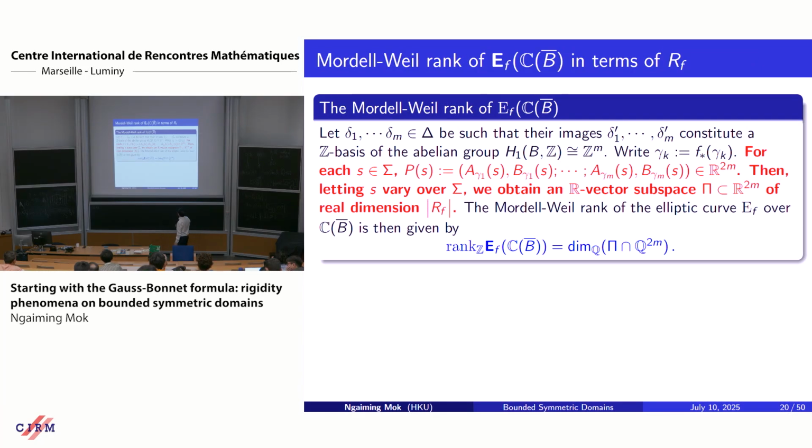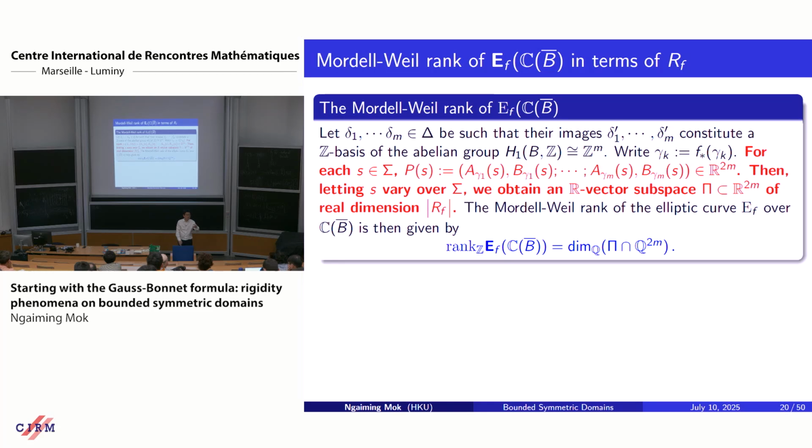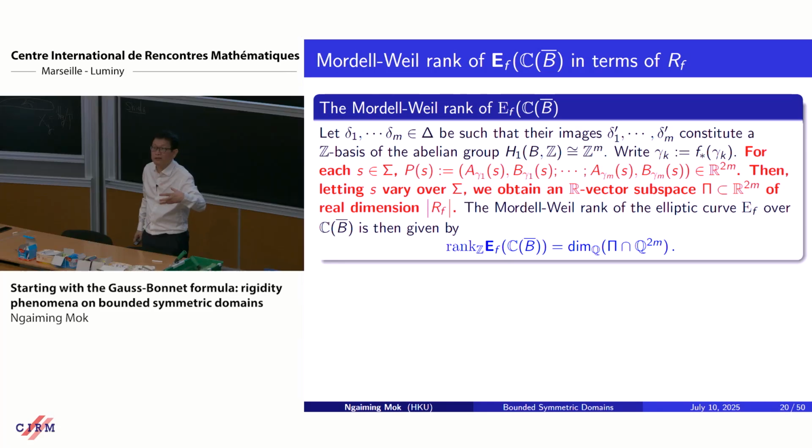So then the question is the following. Since I can bound it by the size of the ramification of the classifying map, you can ask how to determine the actual rank in terms of the positions of the ramification points. Now, this is actually Hodge theory in some sense.